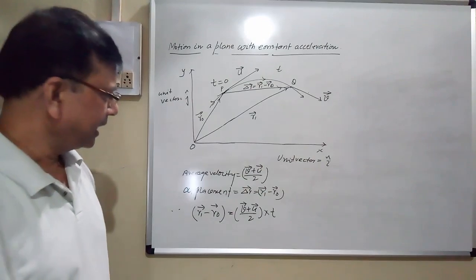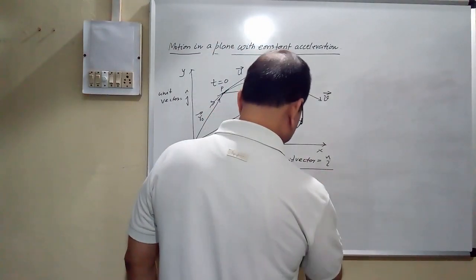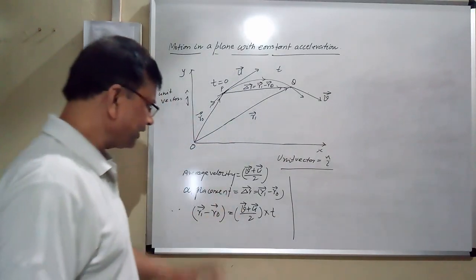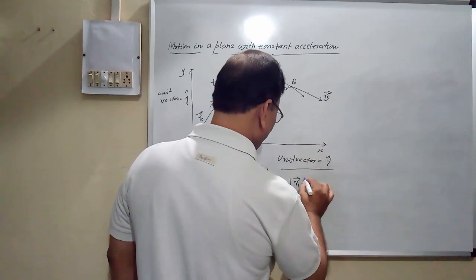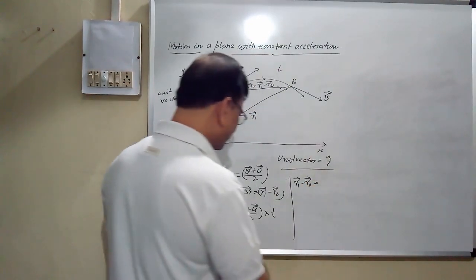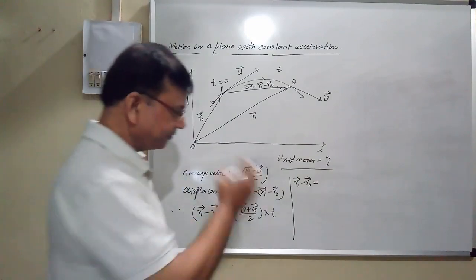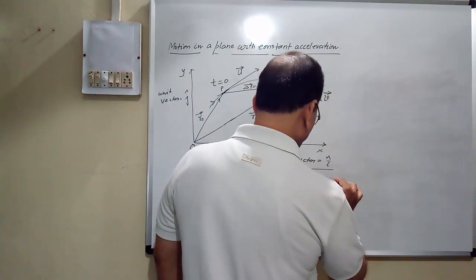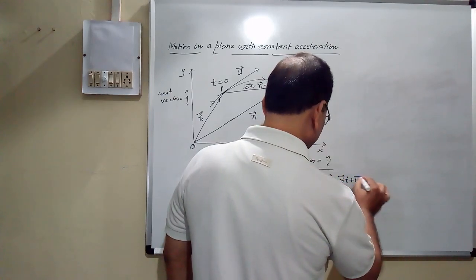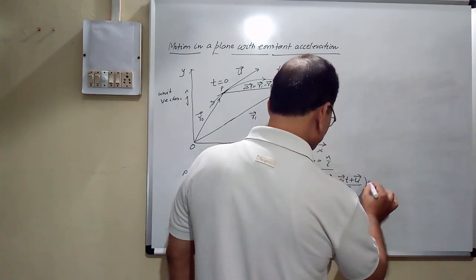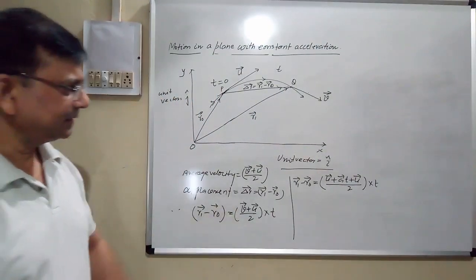This we got. And the velocity, what is velocity? We will write r1 minus r0, that is equal to u plus at. We have already got the first relation, (u plus at plus u) divided by 2 into t. This relation is there.